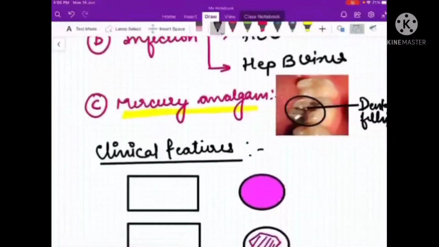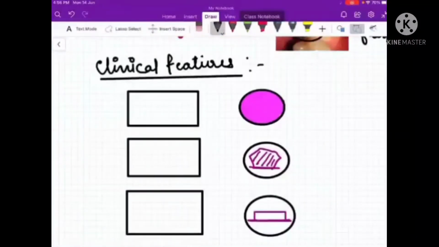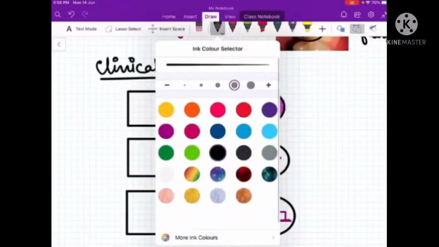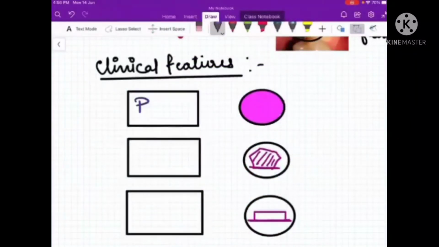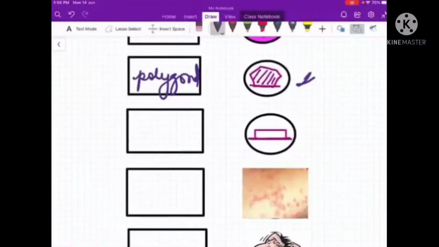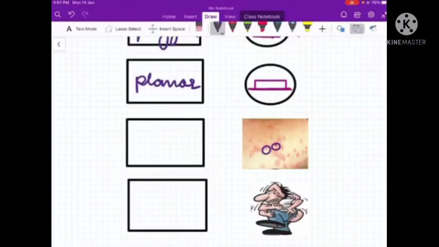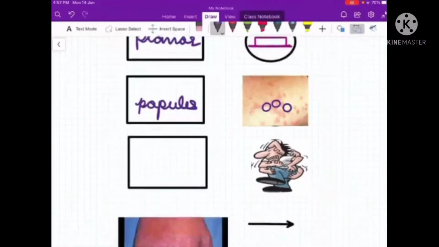What are the clinical features of lichen planus? There are characteristic 5 P's involved in this. That is, it is purple in color, it is polygonal in shape, we can see in this picture, and it is planar on top of the lesion, and these are the papules that we can see, and these papules are extremely itchy.